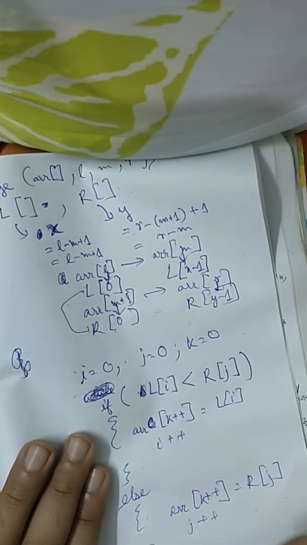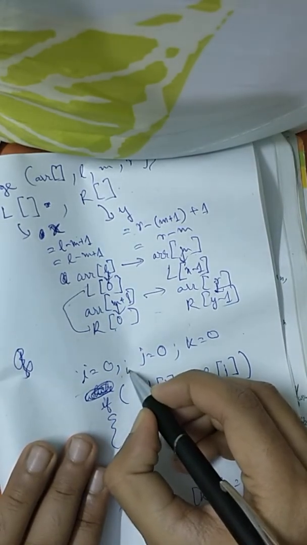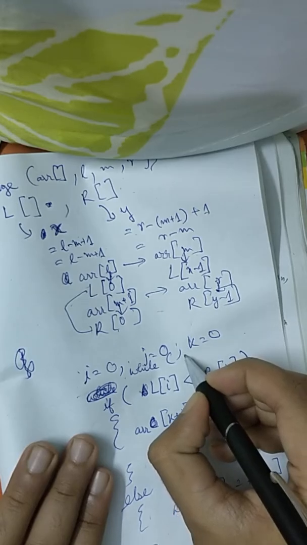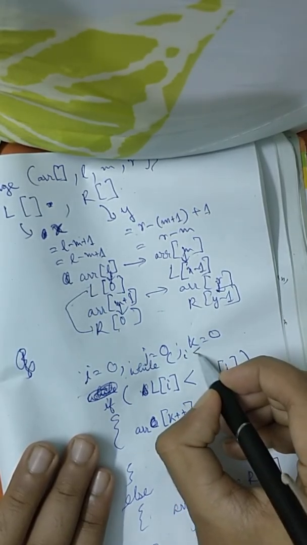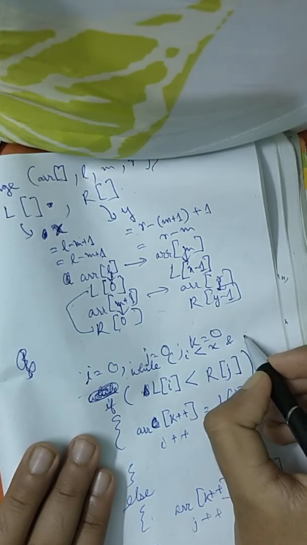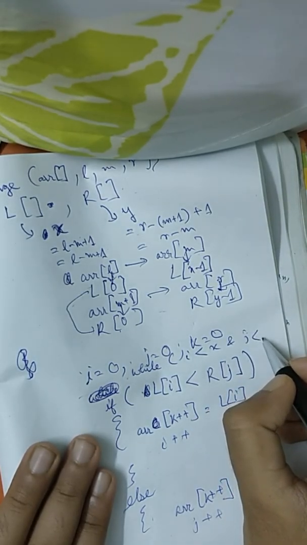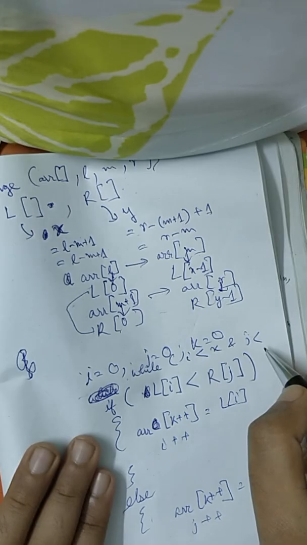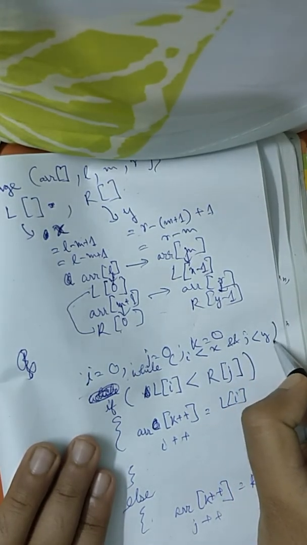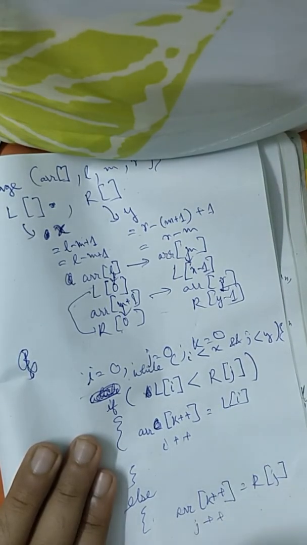So this continues, and we put it under a while i is less than x and j is less than y. Okay, continue doing this.